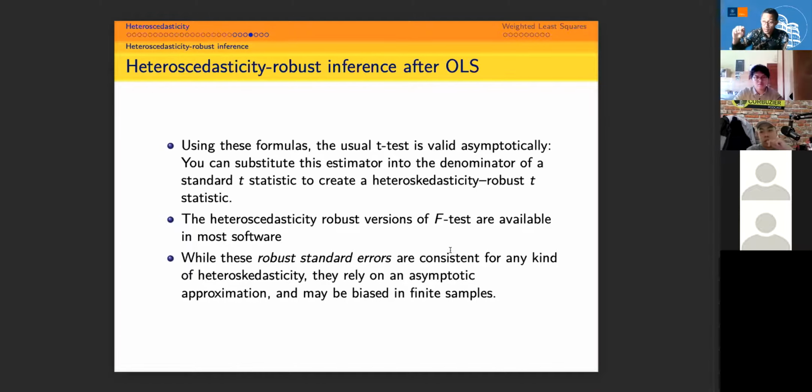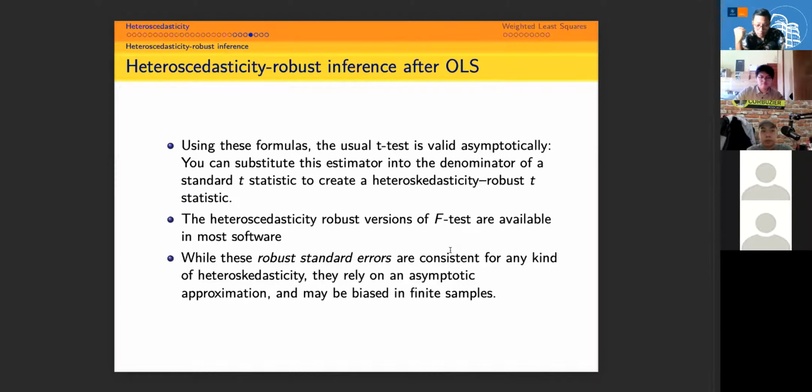So instead of calculating t equals beta hat j minus beta j divided by the standard error of beta hat j, now for the denominator, you can use the heteroskedasticity-robust version. The t-test and F-test versions of the heteroskedasticity-robust are available in most statistical software, and particularly in Stata. So we're going to see that.